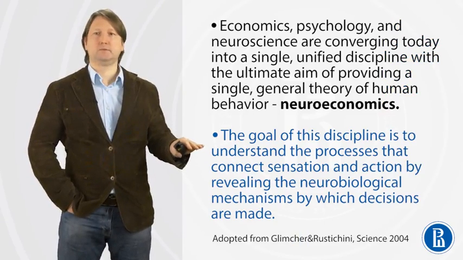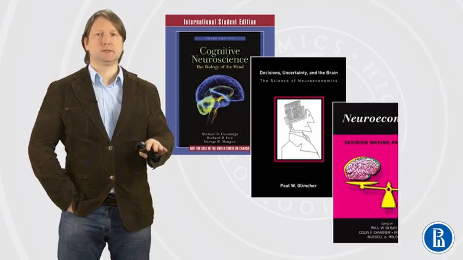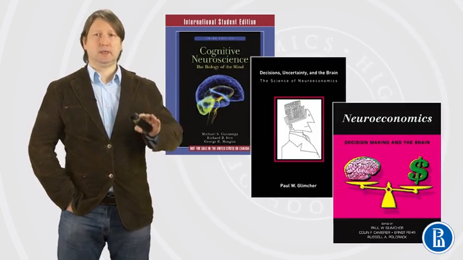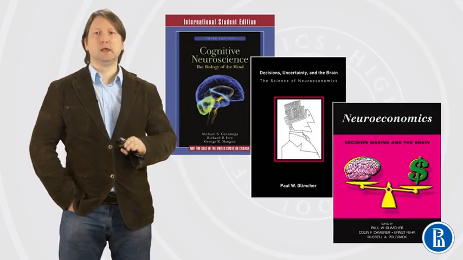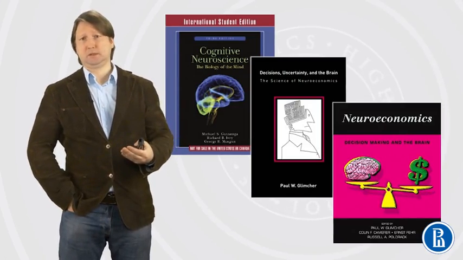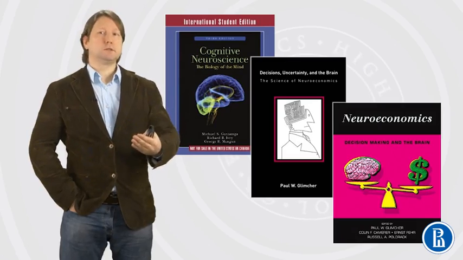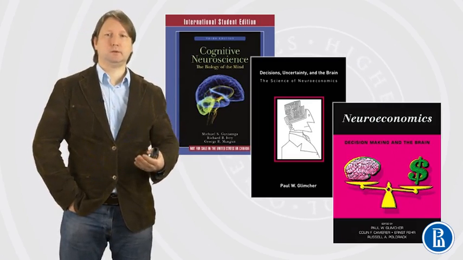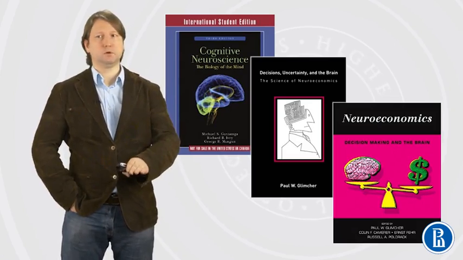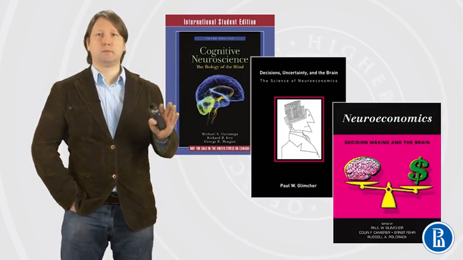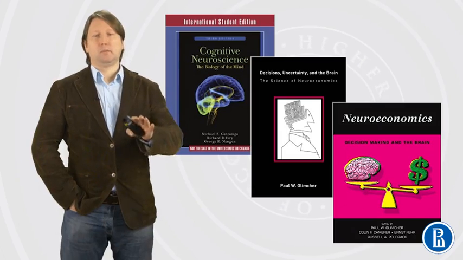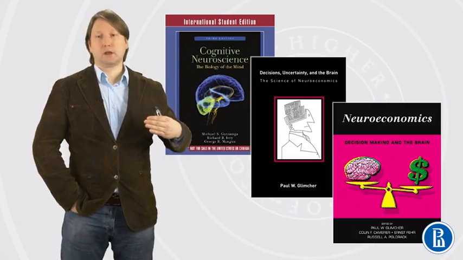Neuroeconomics is very much influenced and dominated by neuroscience. Already now, in the key handbooks on cognitive neuroscience, you can find a chapter on neuroeconomics. But of course, there are also books specifically published by neuroeconomists. I strongly recommend you read books by Paul Glimcher or other key neuroeconomists.